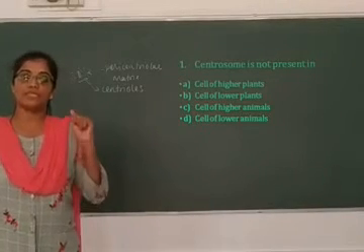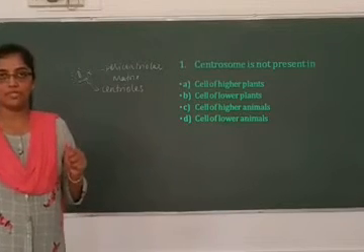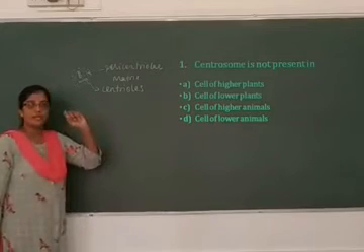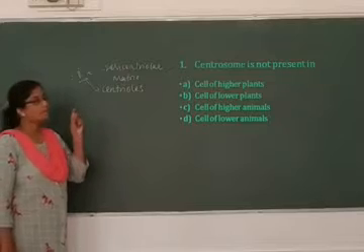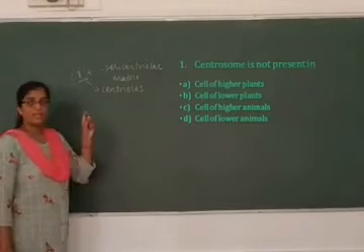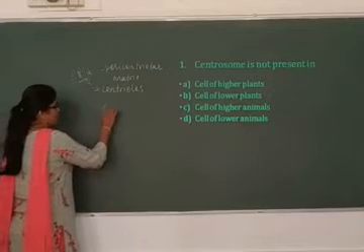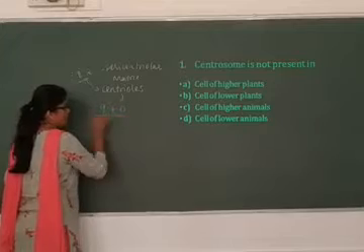Centrioles are usually composed of microtubulin proteins or tubulin proteins. Triplets of tubulin proteins are arranged peripherally. Around 9 peripheral triplets of tubulin proteins are present. So the arrangement of tubulin proteins in the centriole is 9 plus 0.